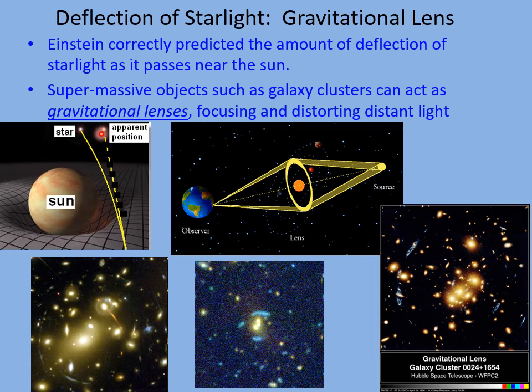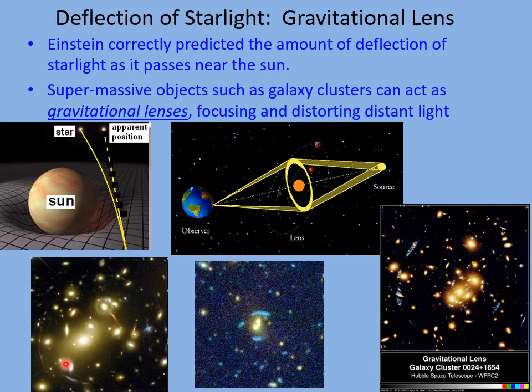And taking this to an extreme, astronomers have used clusters of galaxies like this. Each one of these fuzzy blobs in this picture is a galaxy like our own Milky Way galaxy, containing hundreds of billions of stars. There's so much mass in this cluster of galaxies that any object behind the galaxy cluster, its light gets curved and bent and focused like a giant lens in space.